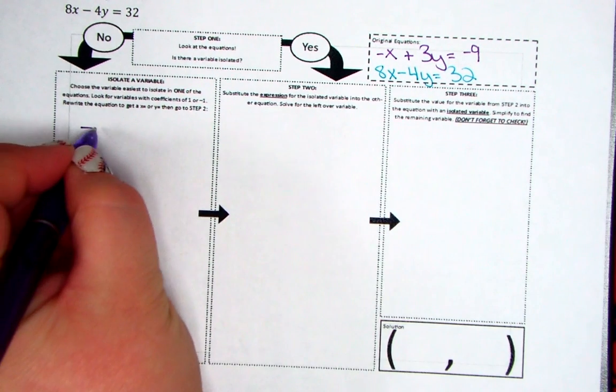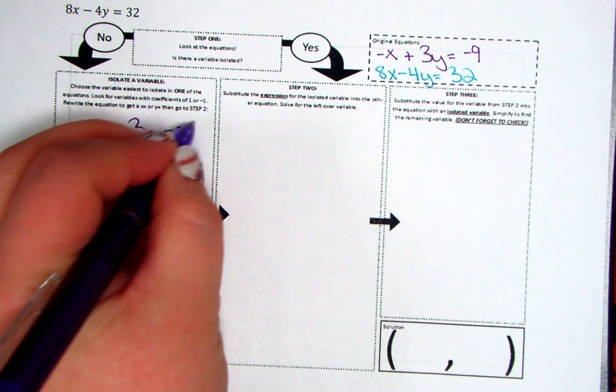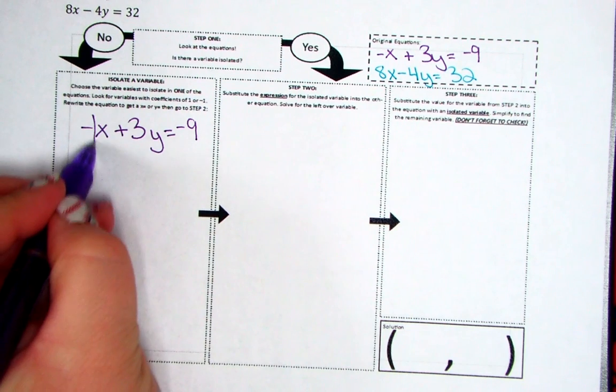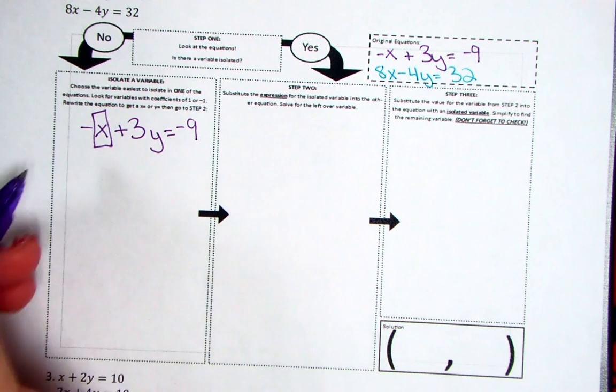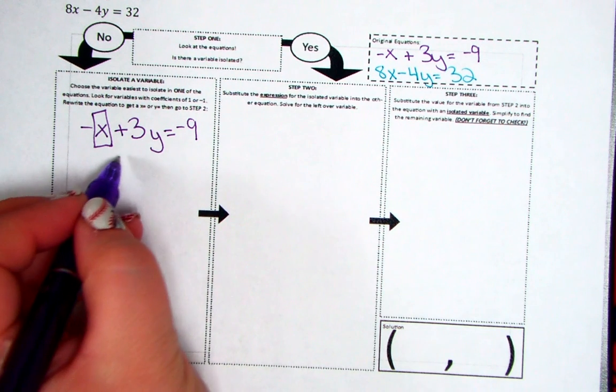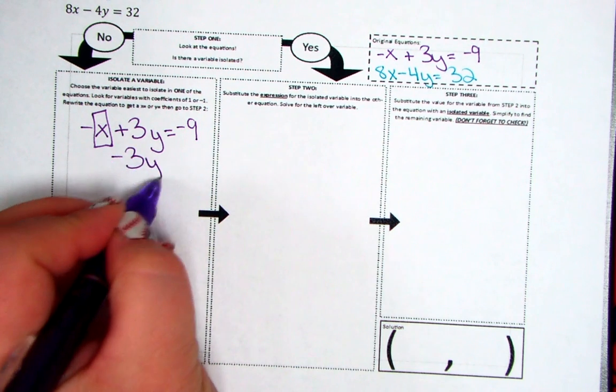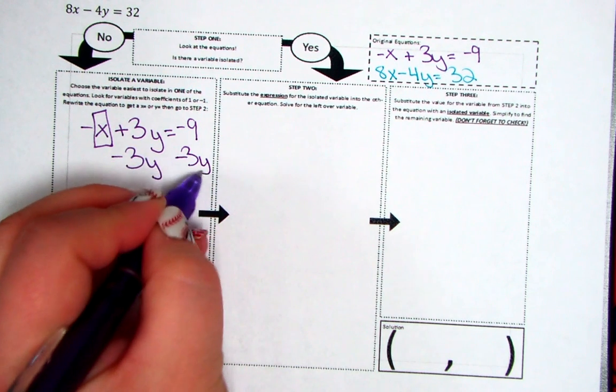So negative x plus 3y equals negative 9, and we are solving to get x by itself. Remember, our first step is to do any addition or subtraction. This is being added, so we're going to subtract 3y from both sides.